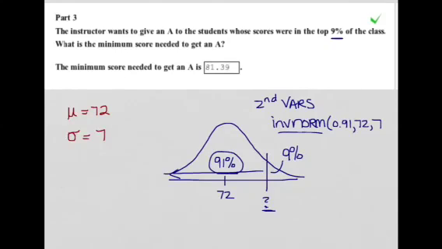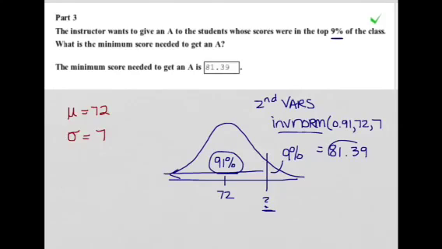And I didn't pre-calculate this, so I will do that now. And that gives me 81 point, I think they wanted this to 2 decimal places, so it's 385, so we're going to round that to 39.